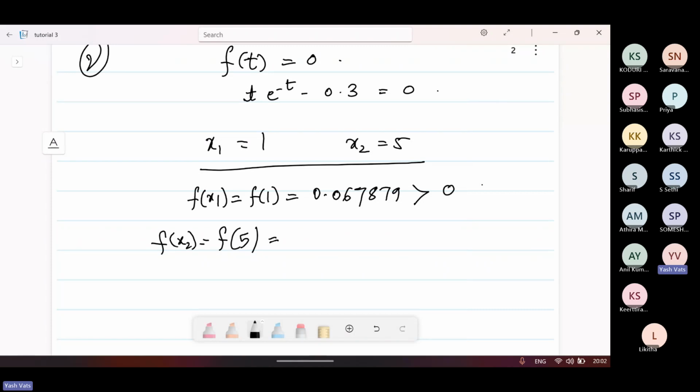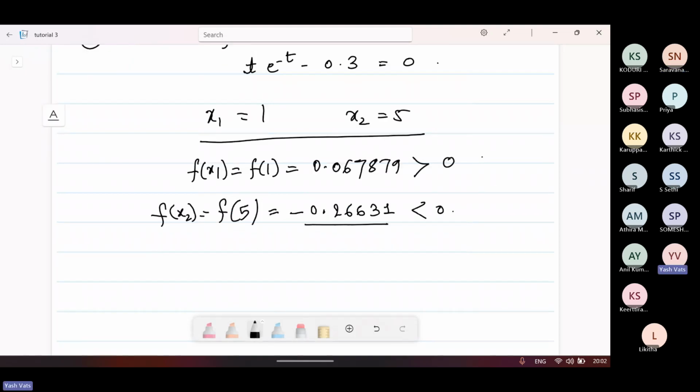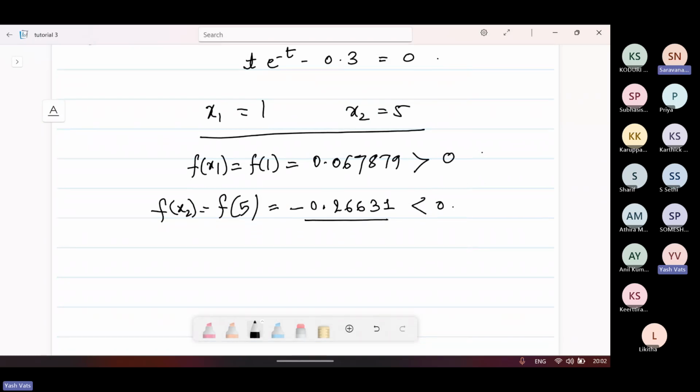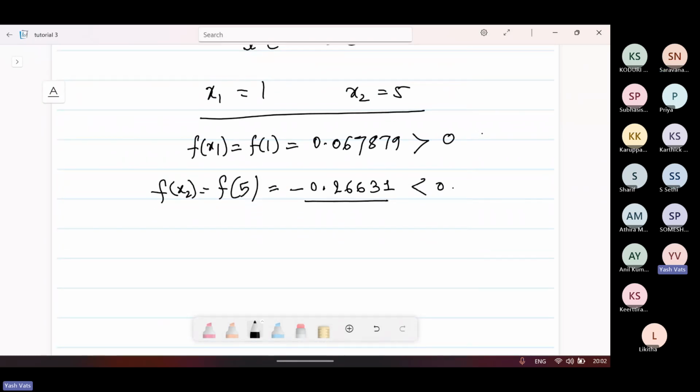Have you found out? This is minus 0.26631. It should be positive or negative? It is negative. Okay. So what guarantees now?